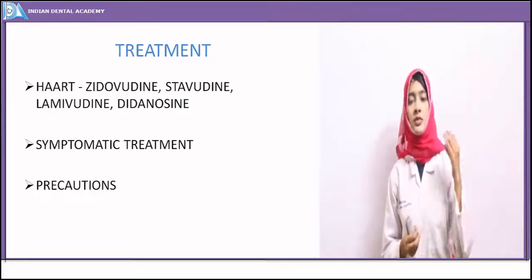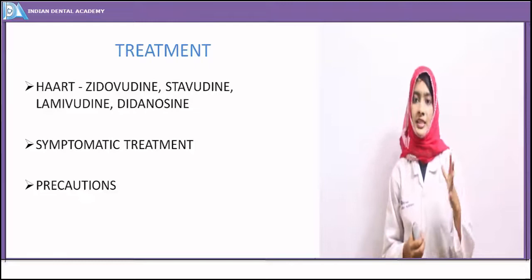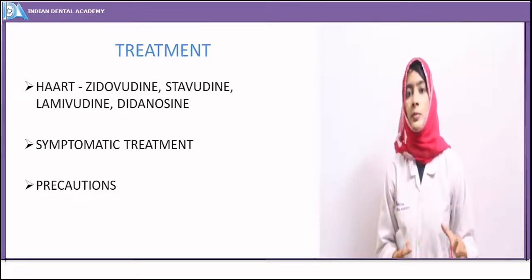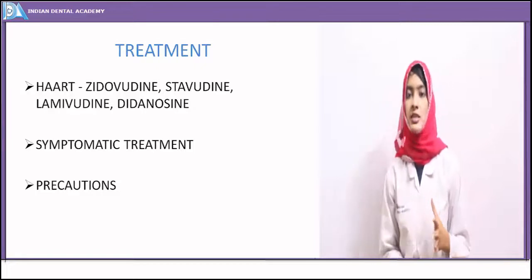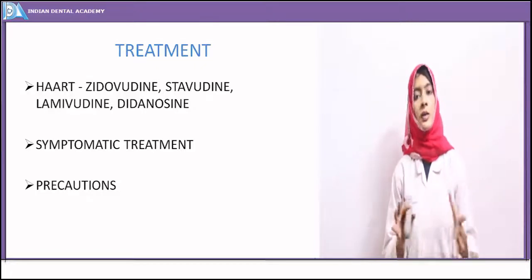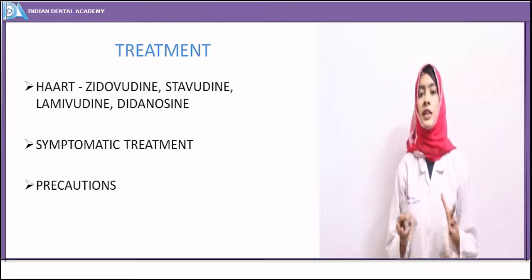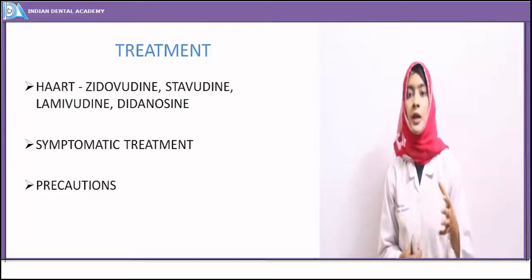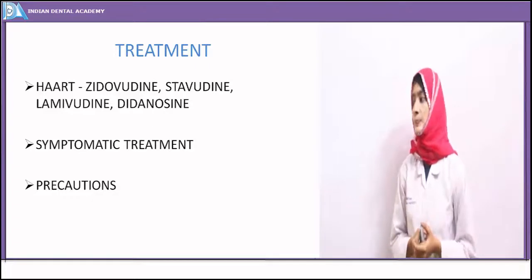Saliva also has a few of the HIV virus, but there is a lot of debate, and it has not been proved that salivary transmission occurs. So there is no harm in sharing food with the affected person. Only the cautious nature should be the contact with the blood.